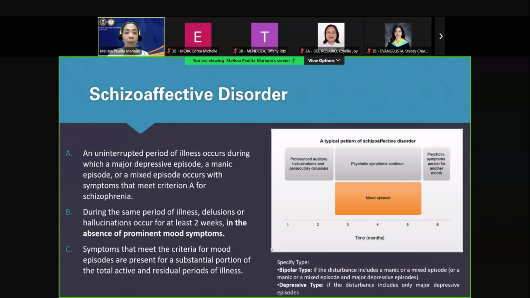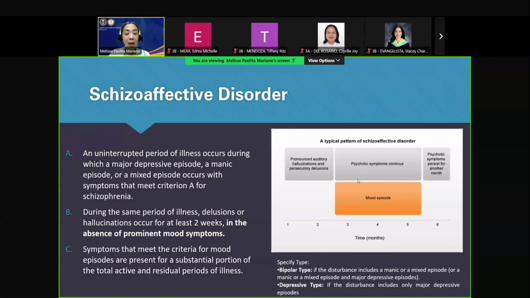Another schizophrenia spectrum disorder is schizoaffective disorder, and this is pretty much just a combination of a mood disorder, affective, and schizophrenia. For this disorder to be diagnosed, there must be an uninterrupted period of illness during which a major depressive episode, a manic episode, or a mixed episode occurs with symptoms that meet criterion A of schizophrenia.